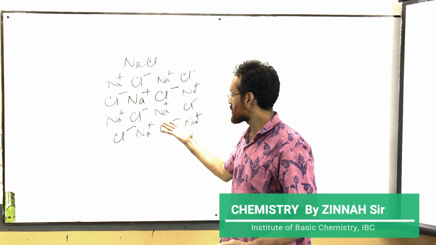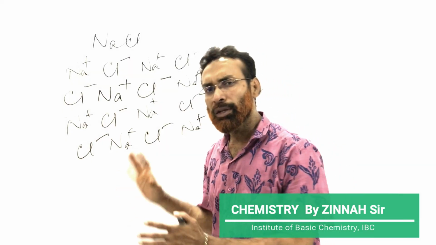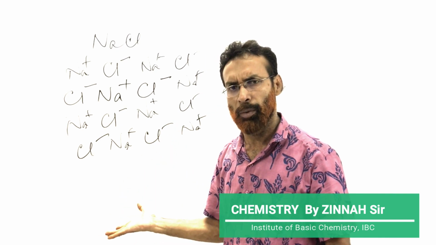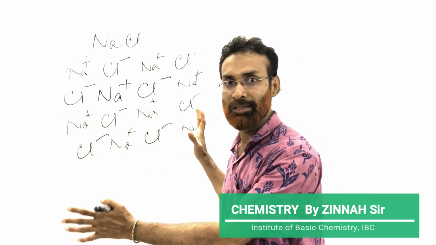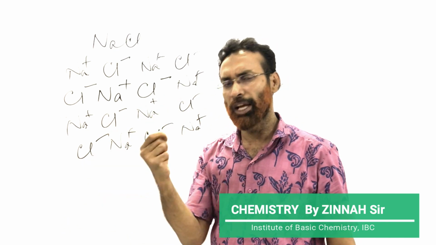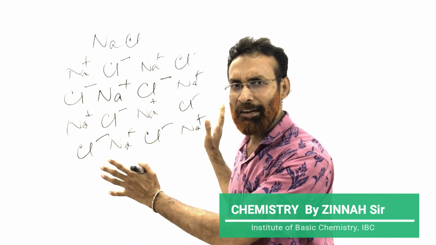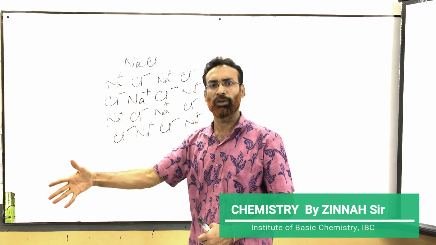Now you see this is sodium chloride with so many ions. Actually, this consists of a very large, uncountable number of ions, which we cannot draw. We cannot draw all the ions in a small piece of sodium chloride lattice. We just have shown some of the ions, and basically I've drawn a single layer of sodium chloride.